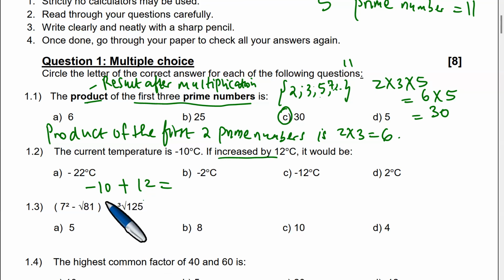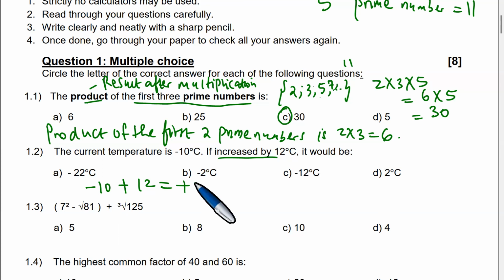Okay, because the two numbers have opposite signs, which number is bigger, 12 or 10? 12. So your answer will be positive. Then you say 12 minus 10. What is 12 minus 10? 2.